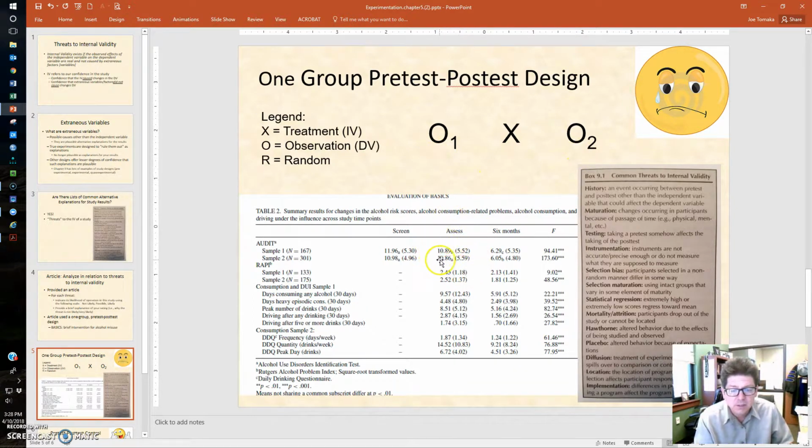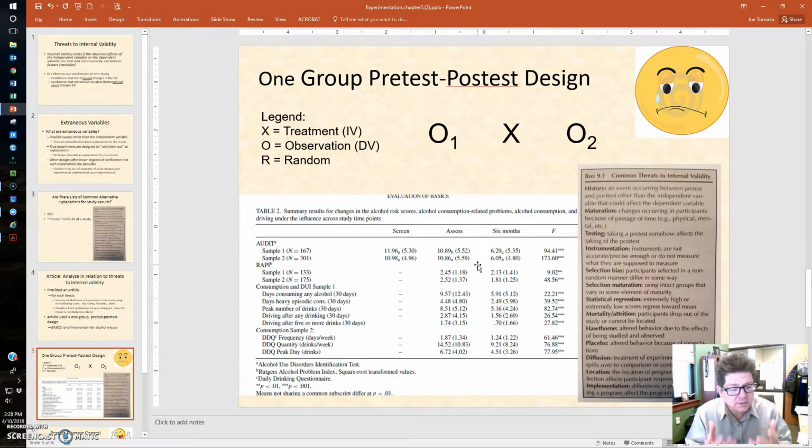It is possible, I guess, that in between the assessment and 6-month follow-up, perhaps there was an accident with one of the kids at the school, or a local community event that everyone was aware of, where kids were injured in a drinking-related accident or something like that, and because of that event, drinking scores changed in people.